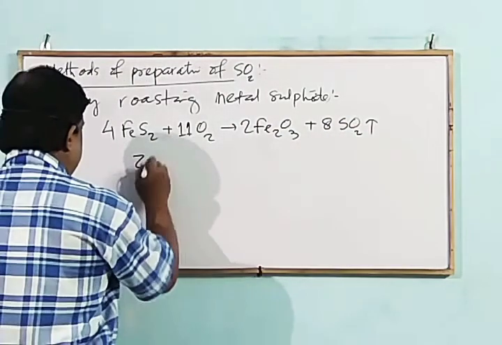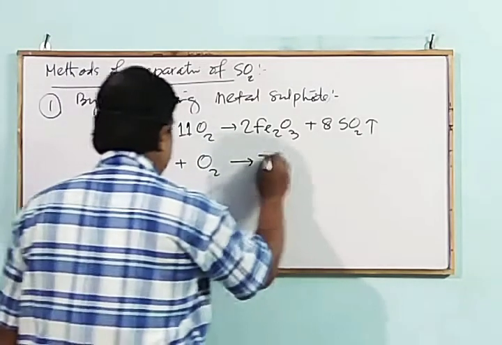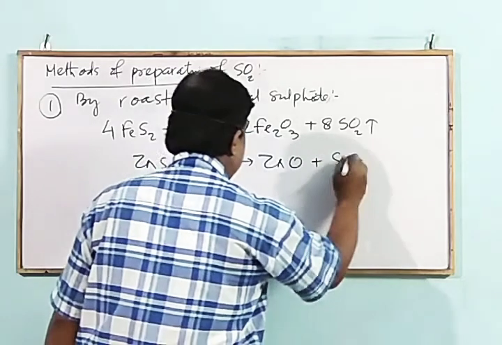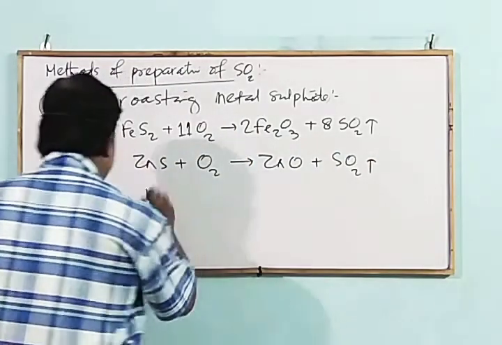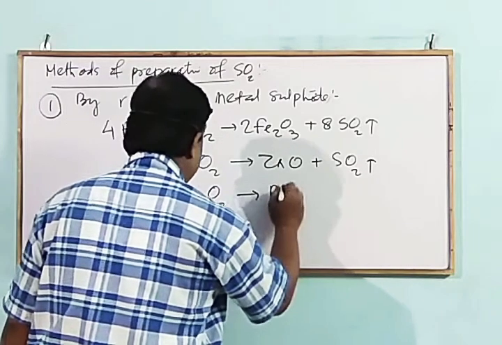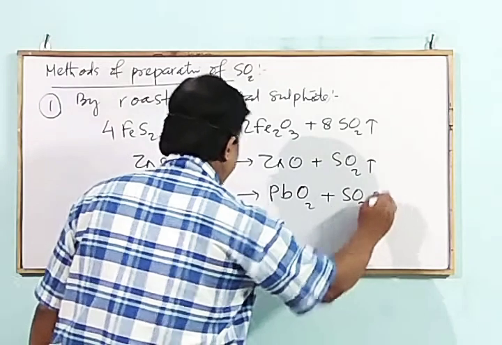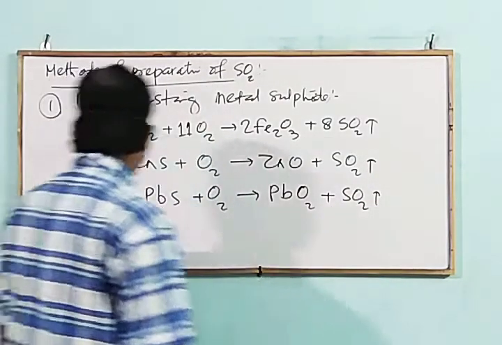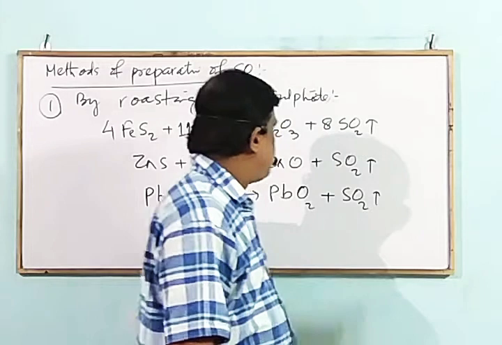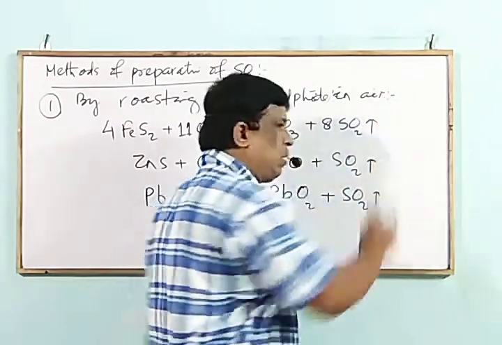Then zinc sulfide plus oxygen give rise to zinc oxide plus SO2. Lead sulfide plus oxygen give rise to lead oxide plus SO2. First one is by roasting metal sulfide in air.